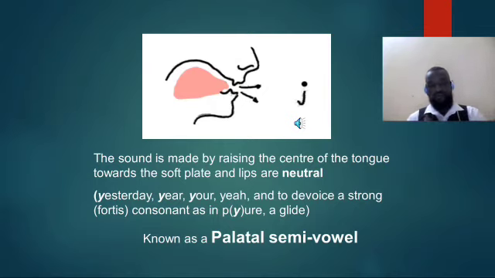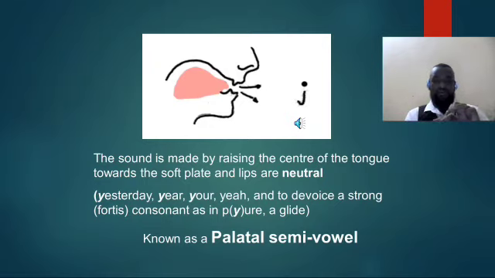We look at three very important things: the shape of the tongue, the shape of the lips, and the place of articulation. In any sound, you must look at these three things. Tongue shape: is it front, center, tip of tongue?